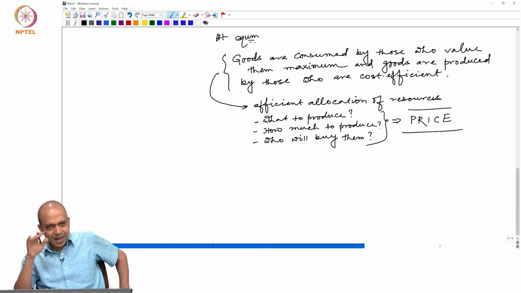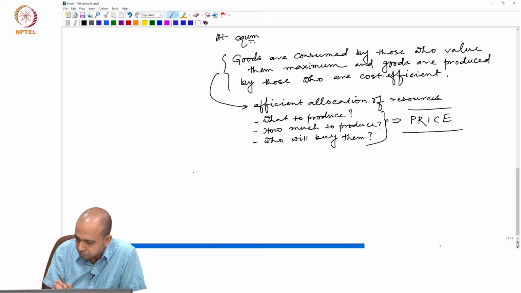Okay. Interestingly, this price instrument is most powerful. And what does this price instrument actually do?